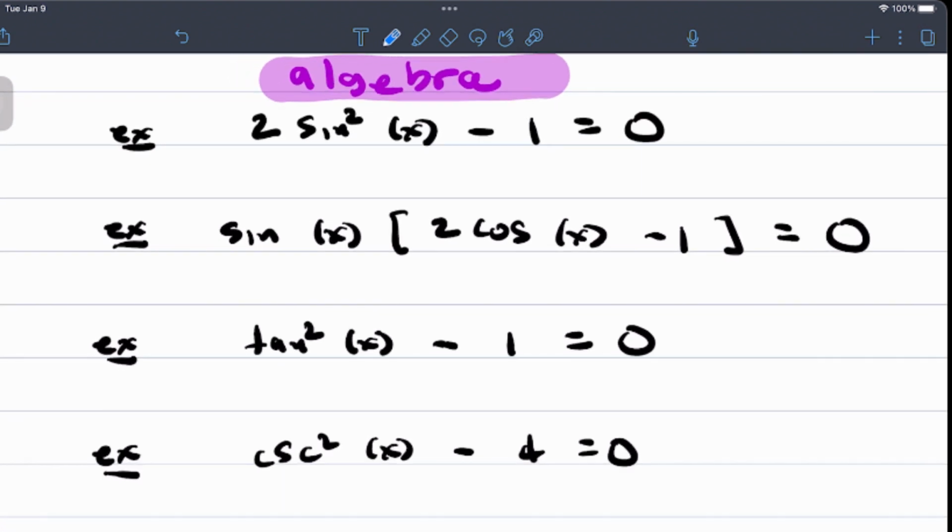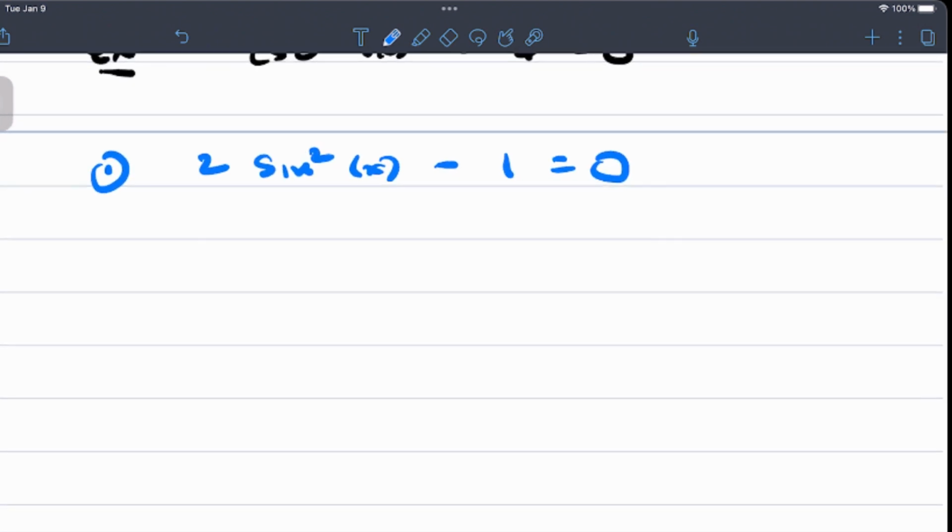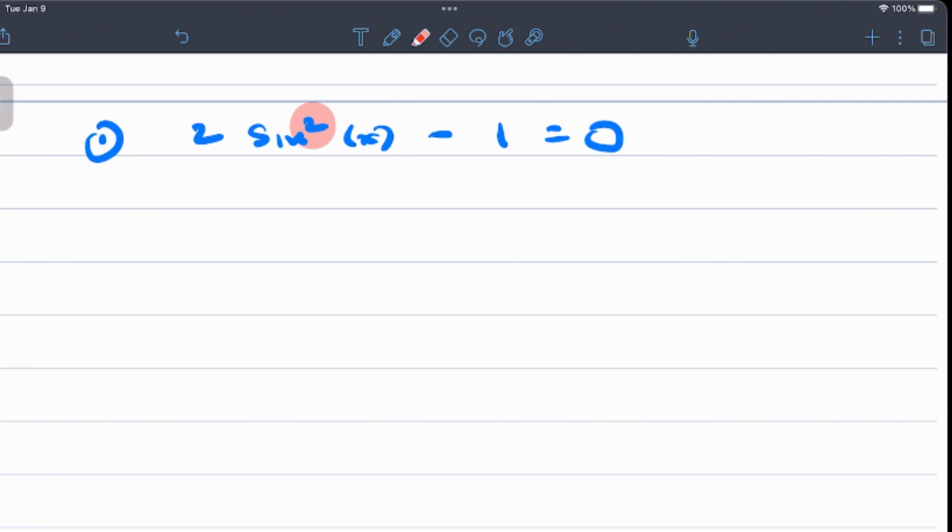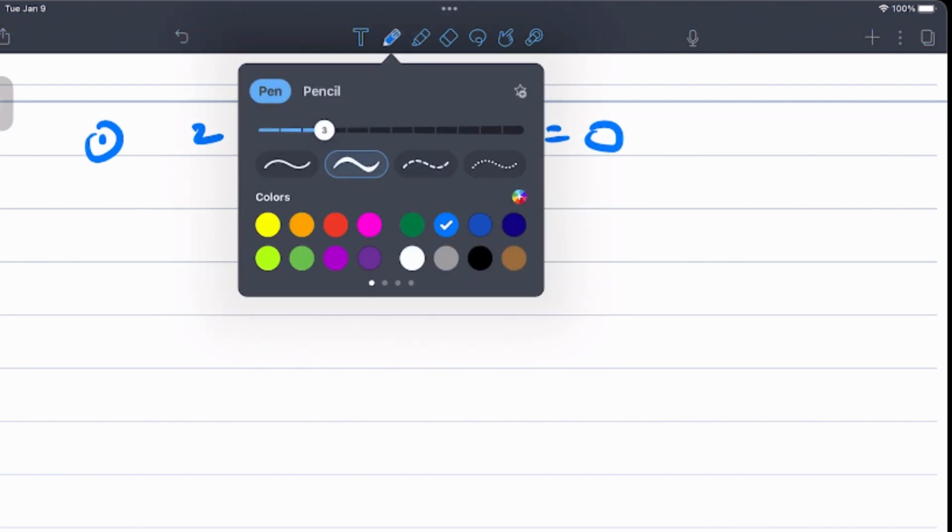Okay, so the first one here, if you guys notice, we're trying to solve a couple of these examples using some algebra. We're trying to solve a trig equation that has a power 2, right? Okay, so you guys see what we're saying here. Now we got to use a little bit of algebra.